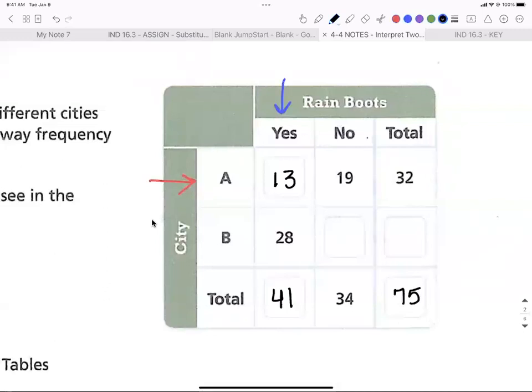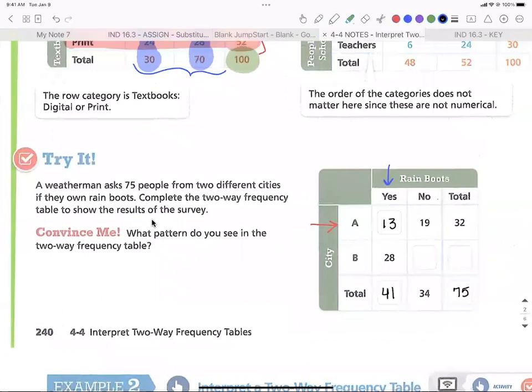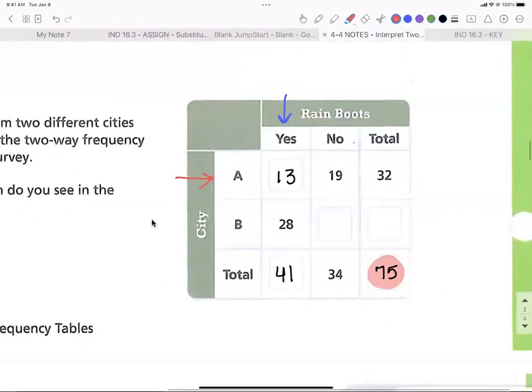75. Okay, now I want to check something and show you something really quickly. At the very beginning of the story, the very first sentence was that a weatherman asked 75 people. So does it make sense that this box was 75? And you could have filled that in first. Okay, we eventually got to it, but because of that first line that says the weatherman asked 75 people, you actually could have started. And remember when I said there's not always exactly one place to start?